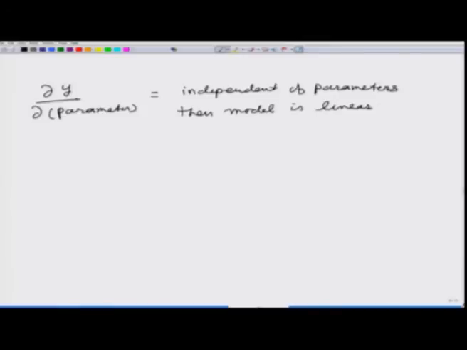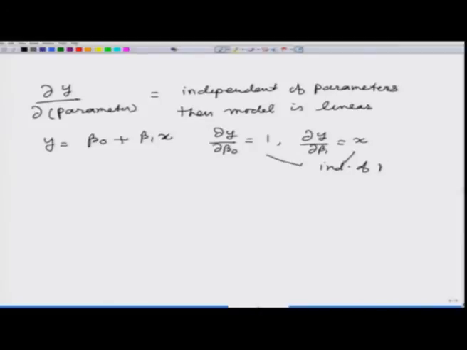For example, if I write y equal to beta 0 plus beta 1 x, you can see that the partial derivative of y with respect to beta 0 is 1, and the partial derivative of y with respect to beta 1 is x, and both are independent of parameters, right.